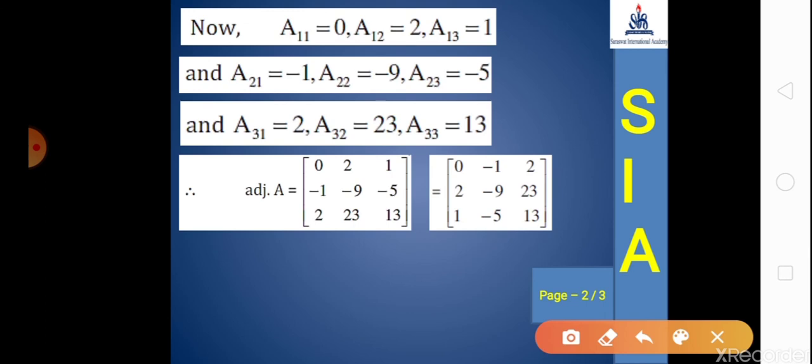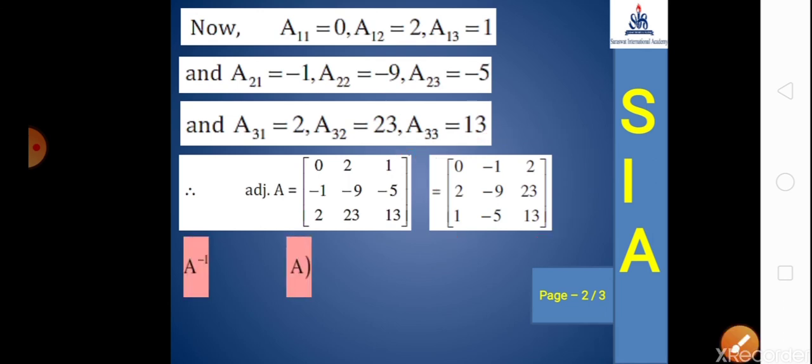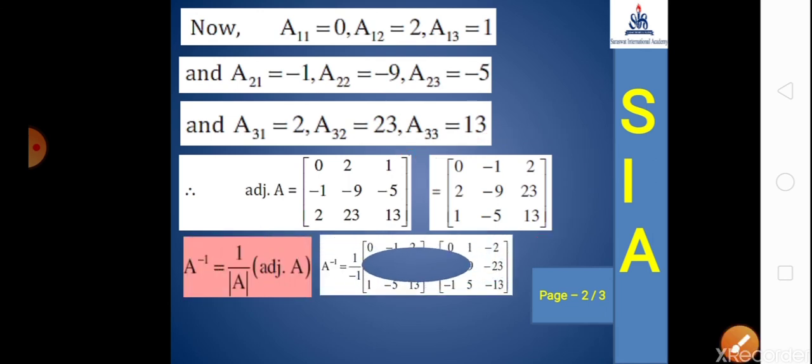Yes students, write A T for the transpose; the transpose of all cofactors is compulsory, then you get the adjoint. So A inverse is ready: A inverse is equal to 1 by 1, 0 1 minus 2, minus 2 9 minus 23, and minus 1 5 minus 13, and this value we put in the further solution.